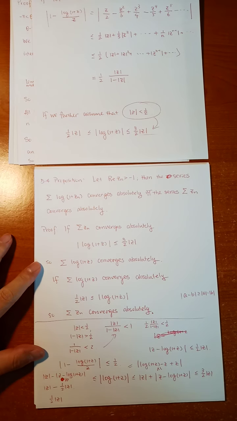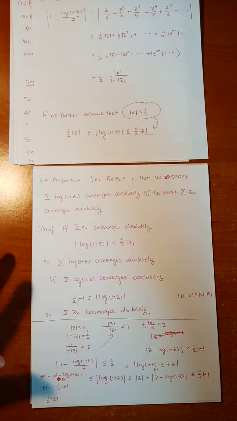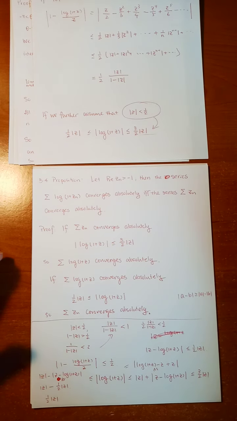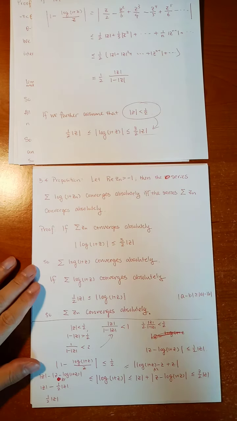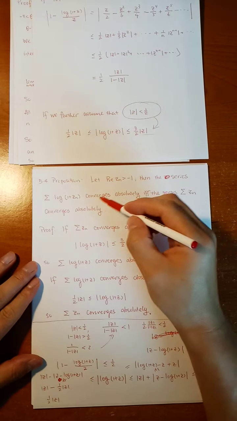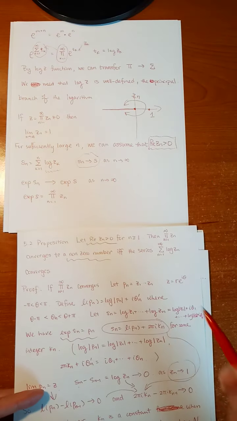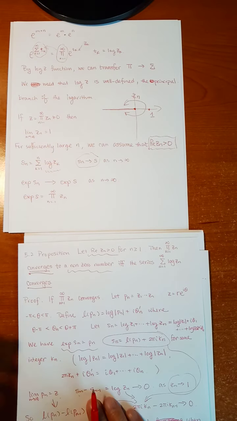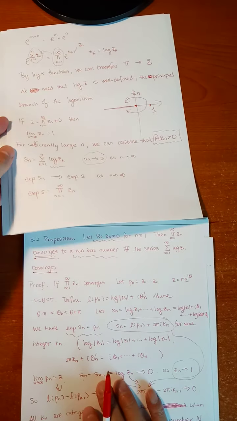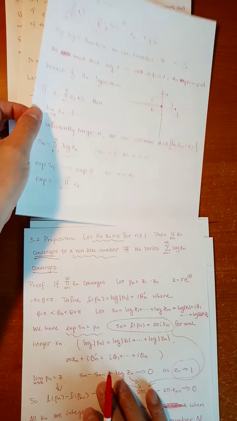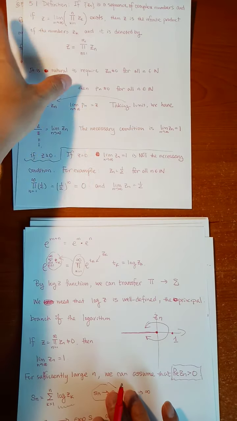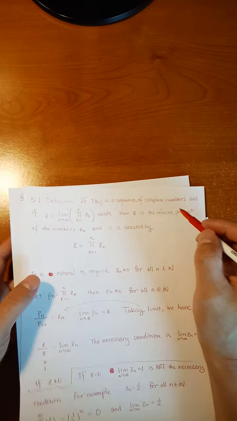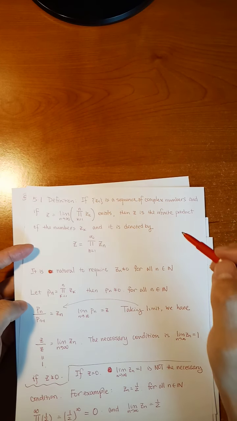Okay, so that's enough. I will continue this discussion in the next video, and we'll talk about absolute convergence. Be careful here: this proposition is about absolute convergence, while the previous proposition is just about convergence. For series we already have absolute convergence, but so far for the infinite product we only have convergence.